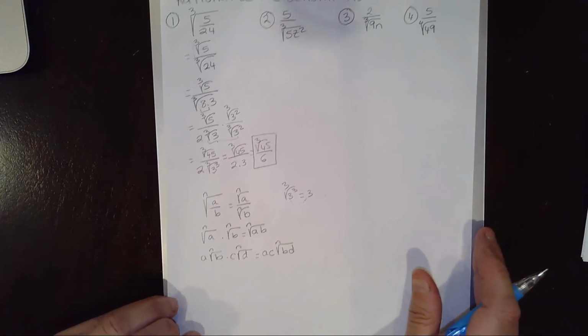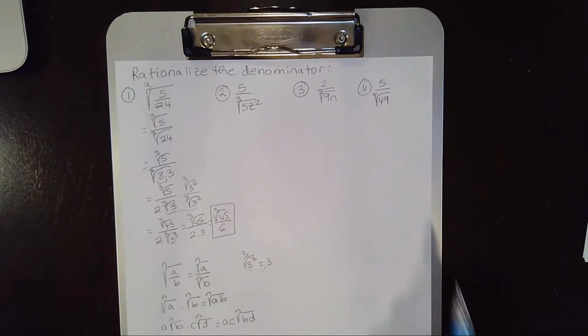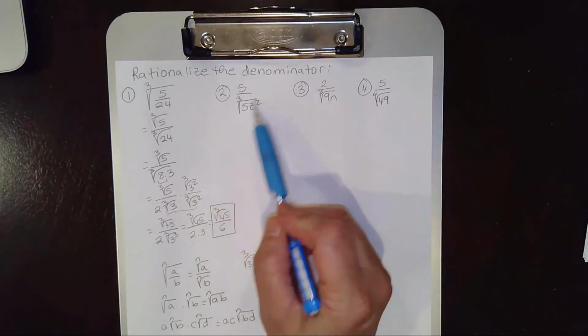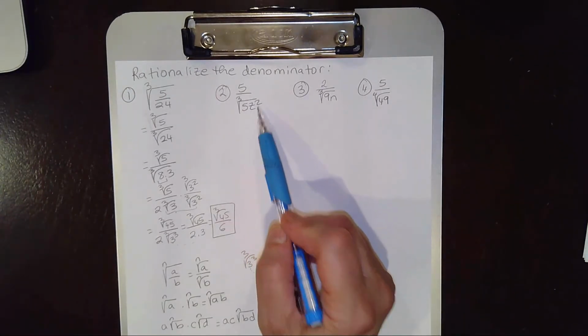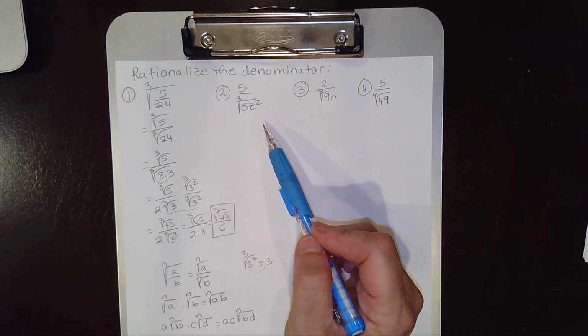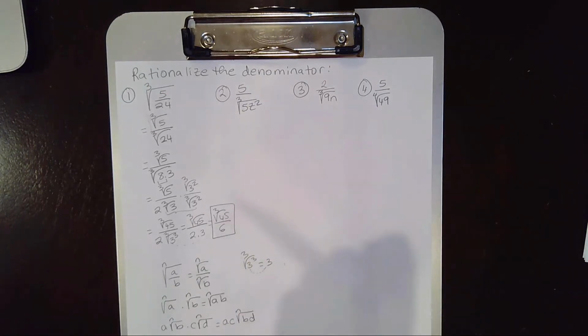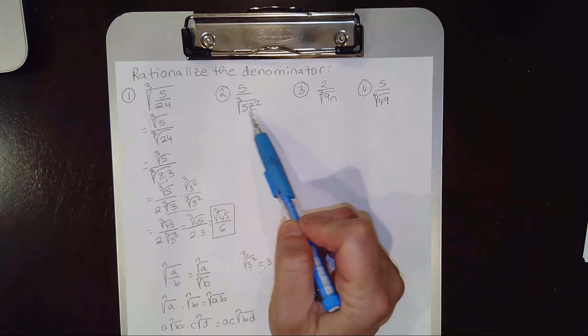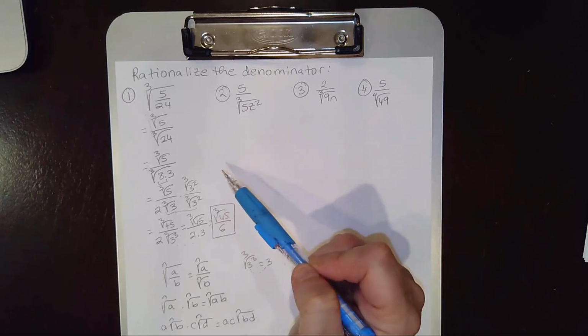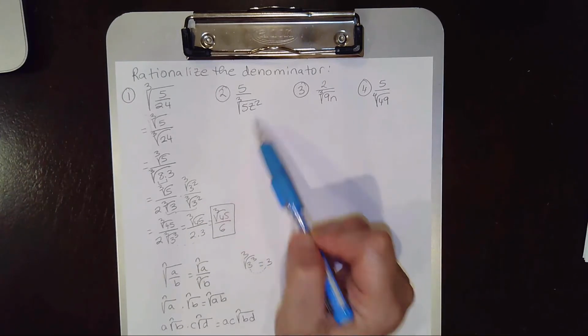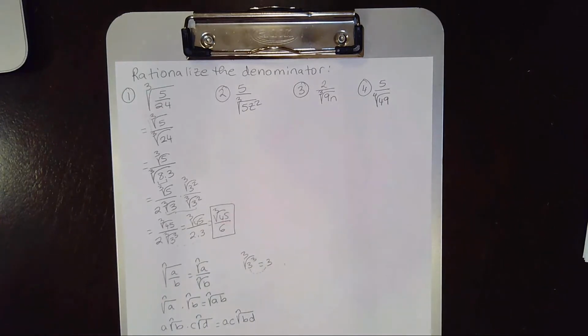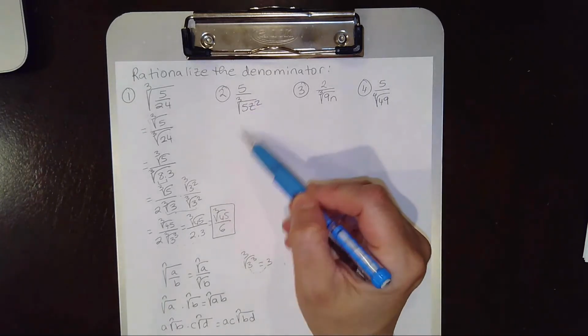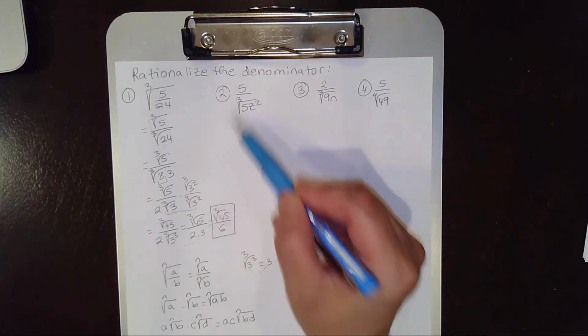Now let's go ahead and do the second problem. We have 5 divided by cube root of 5z squared. Again, we're going to try to simplify the denominator, but there's nothing to simplify here. Nothing comes out as is. The denominator has a number 5 and a variable. For something to come out, it has to be cubed first, because we have a cube root.